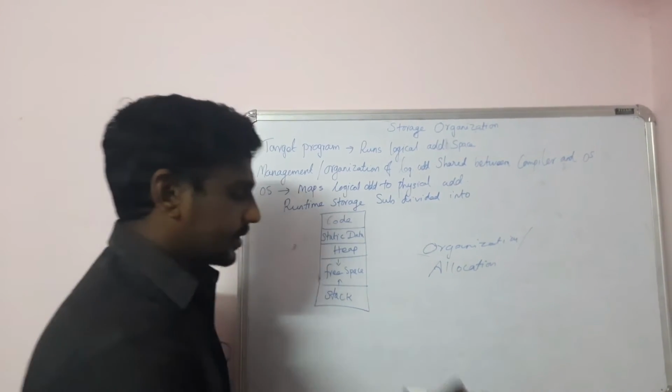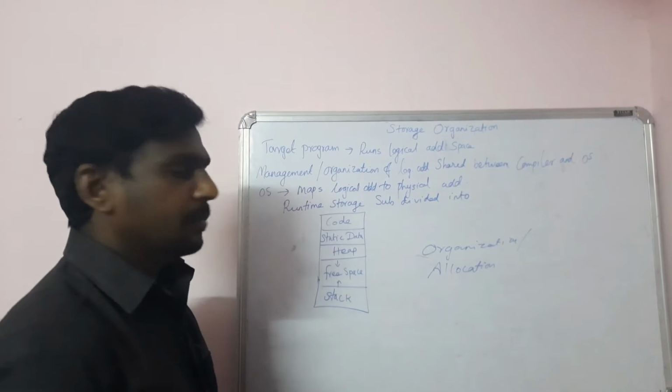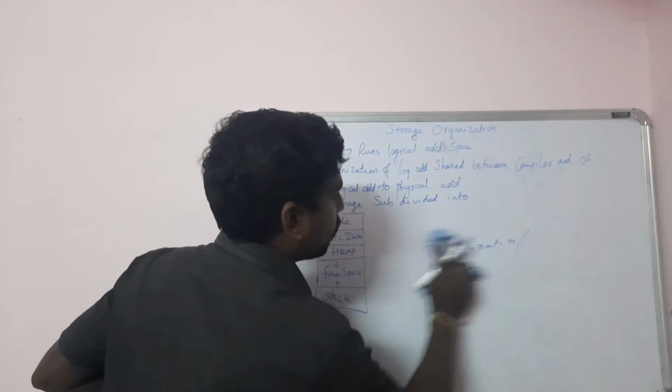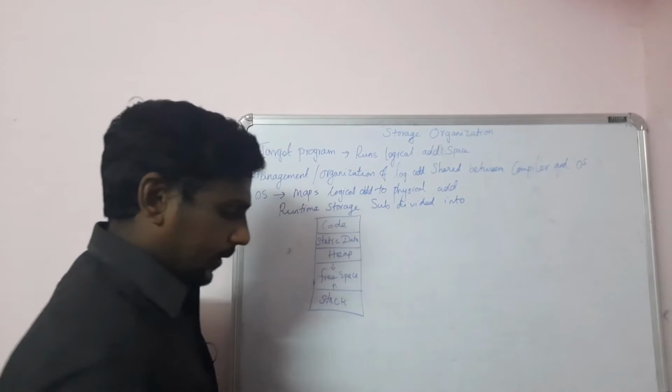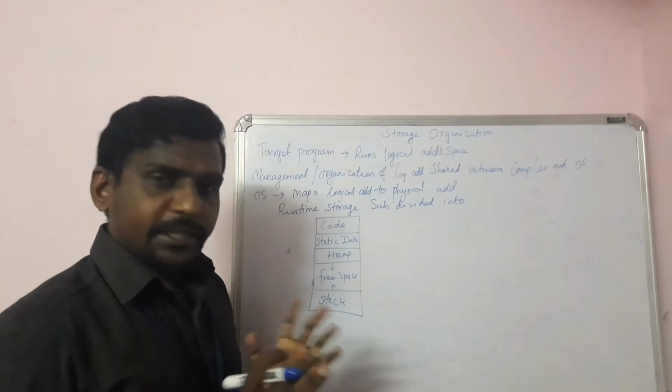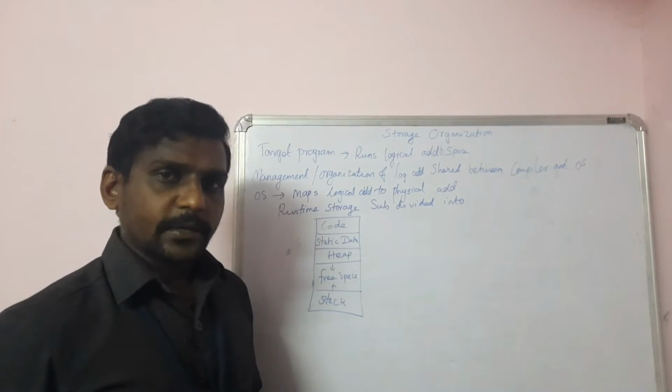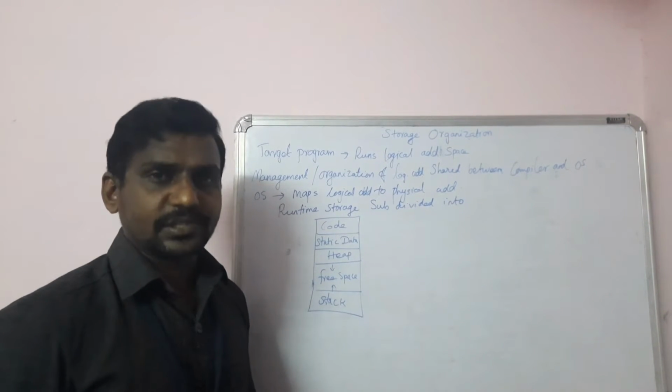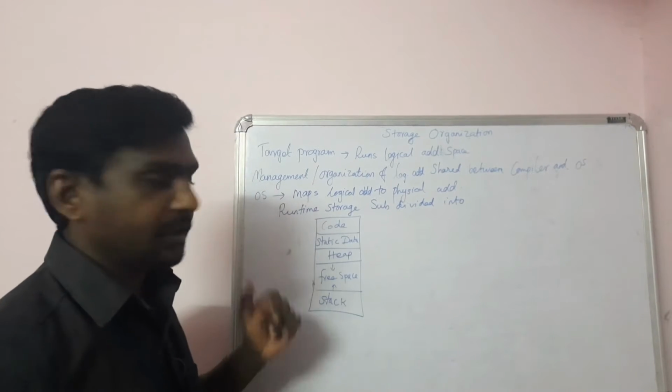Allocation is the second topic. Whenever we are saving some program in a memory, it should be allocated. Clear? And before that, memory is organized in such a way.